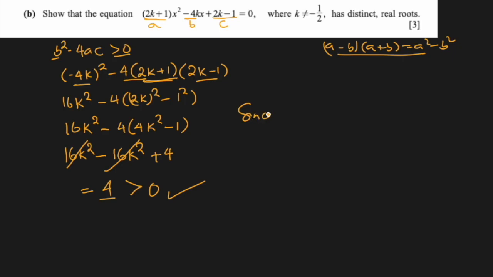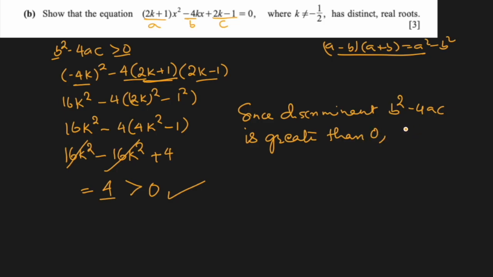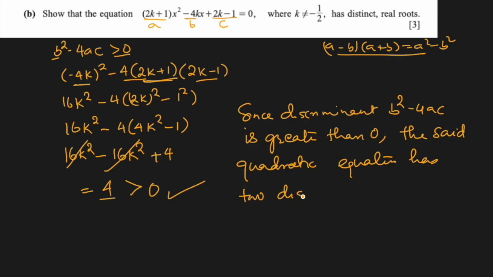So you can write, since the discriminant b square minus 4ac is greater than 0, the said quadratic equation has two distinct real roots.